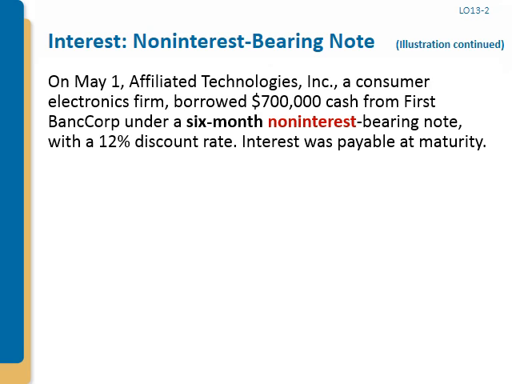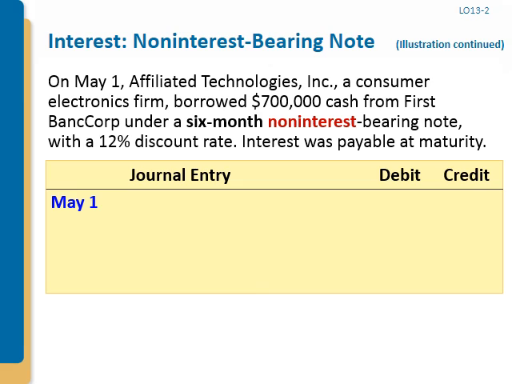Sometimes a bank loan assumes the form of a so-called non-interest bearing note. Obviously, no bank will lend money without interest, so non-interest bearing loans actually do bear interest, but the interest is deducted or discounted from the face amount to determine the cash proceeds made available to the borrower at the outset. For example, imagine a $700,000 non-interest bearing note with a 12% discount rate.